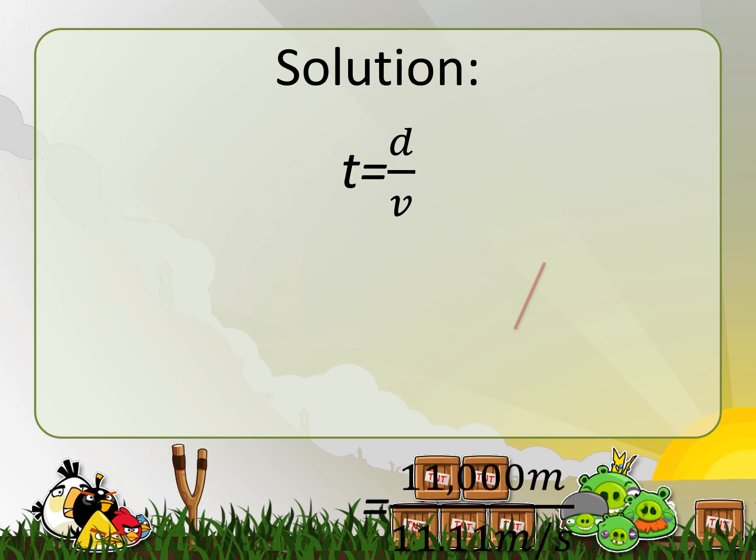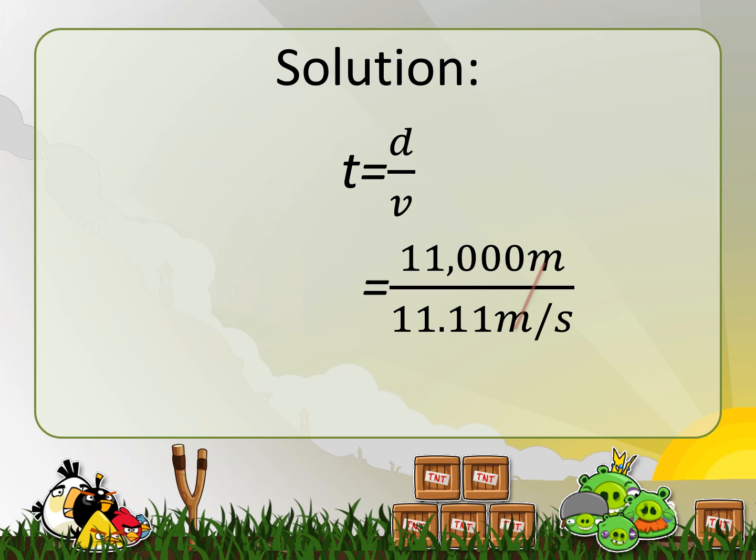We have distance equal to 11,000 meters divided by velocity, which is 11.11 meters per second. Cancel similar units. That leads us to 990 seconds. Therefore, it takes 990 seconds to travel along Rojas Boulevard, which is 11 kilometers long, during rush hour.